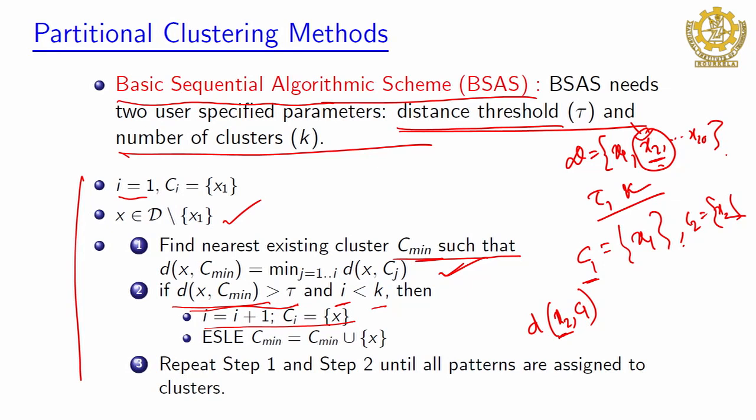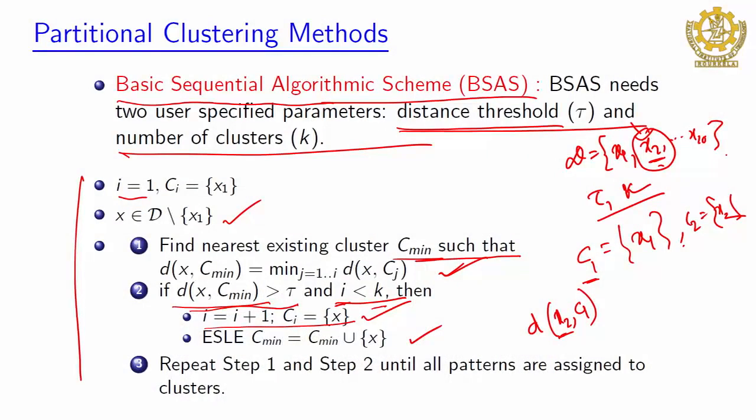What we are basically doing is this: when a new object comes, we compute the distance from the new object to all existing clusters, and we find the closest cluster. If the closest distance is less than tau, then you are done, and you assign the point to the cluster.